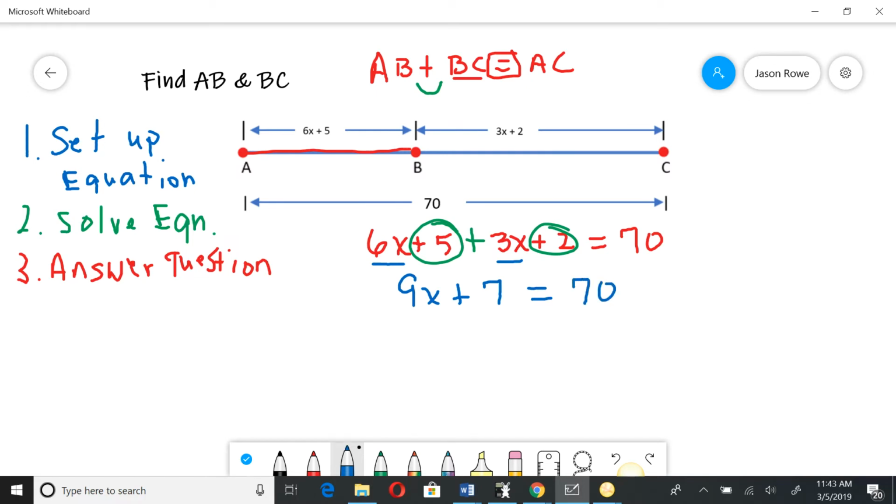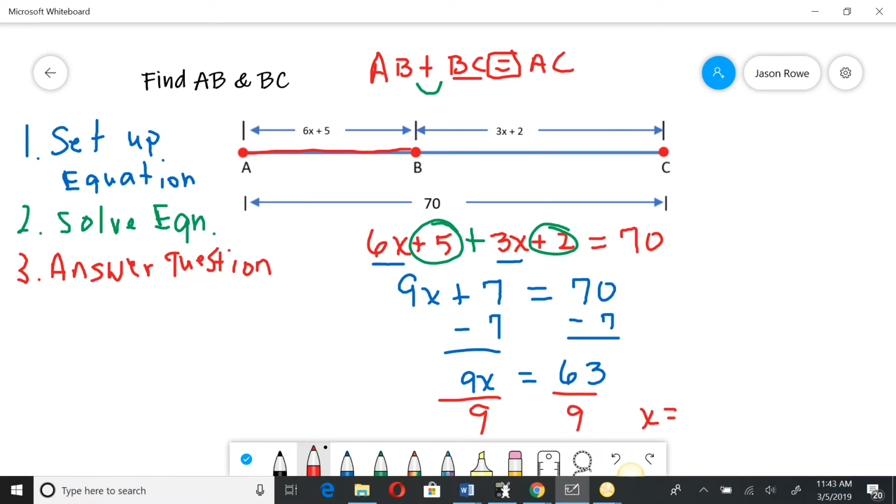And now it's just a two-step equation. We're going to subtract 7 from each side. So that gives me 9x equals 63. And then we're going to divide both sides by 9 to give me x equals 7.